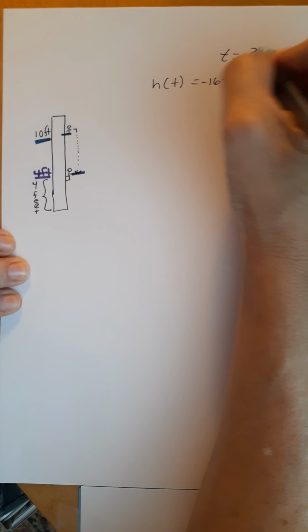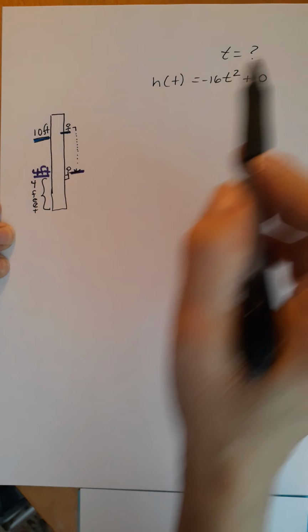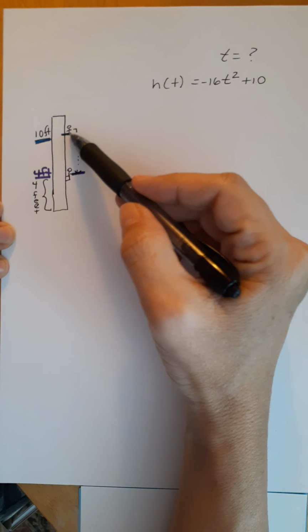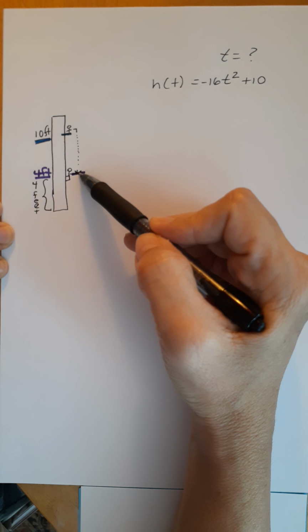Well, we have the different heights, right? If you'll notice, we start off here at 10, and there's a plus 10. t is for the time, and then you have to add the 10 feet where they're at. So we're trying to figure out how much time passed when it hits the 4 feet mark when the person catches it.